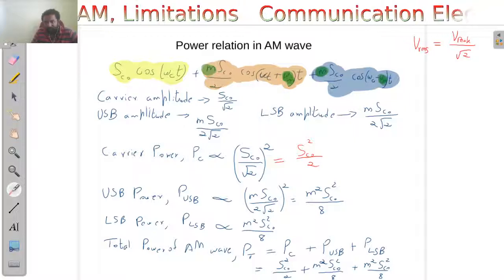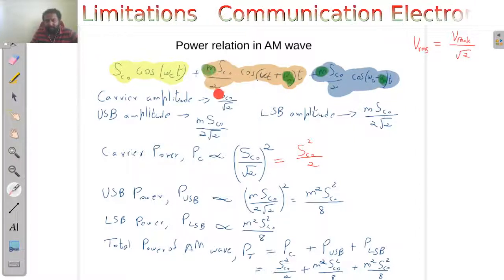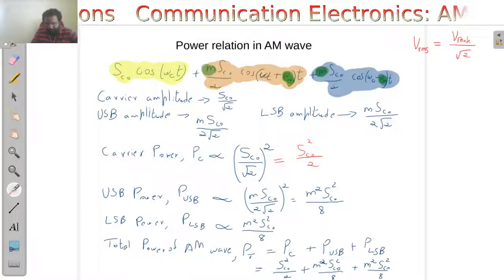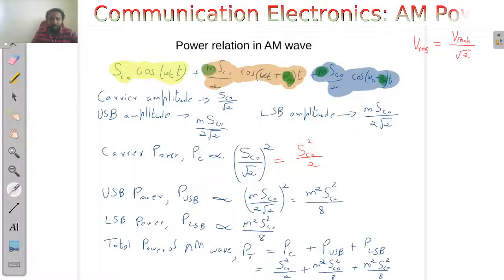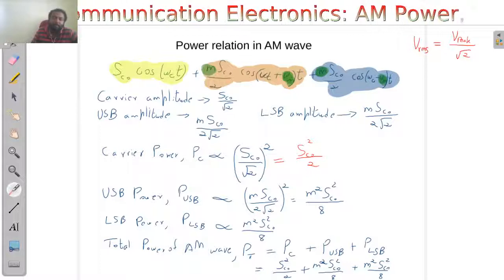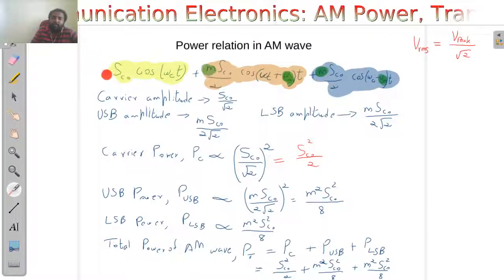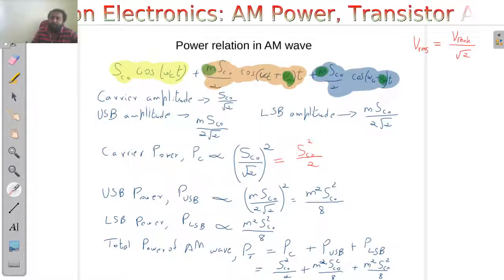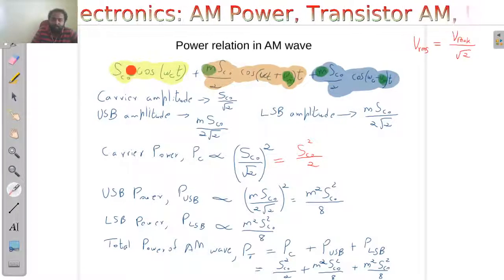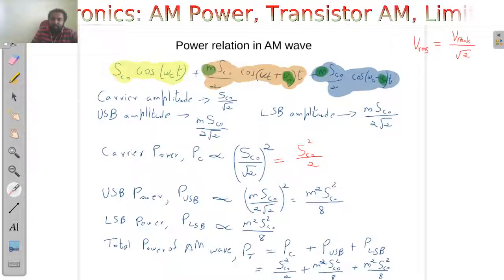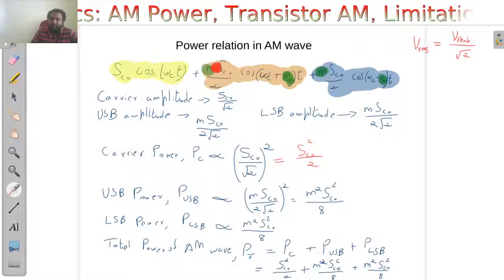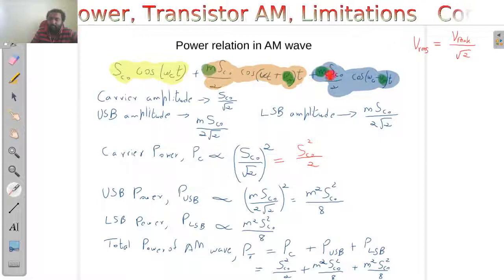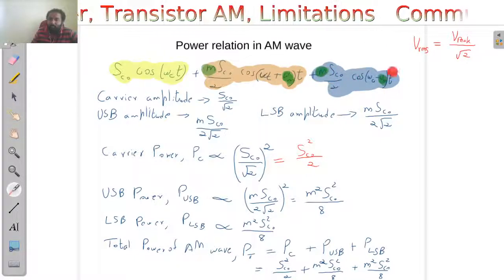Okay, so let us see how much power is there inside all these three components. In order to find that, we need the RMS value of these individual components, and to find the RMS value, we need the peak value. The peak value is given here. SE0 is the peak value of the carrier, and MSE0 by 2 is the peak value of the upper sideband and also of the lower sideband.